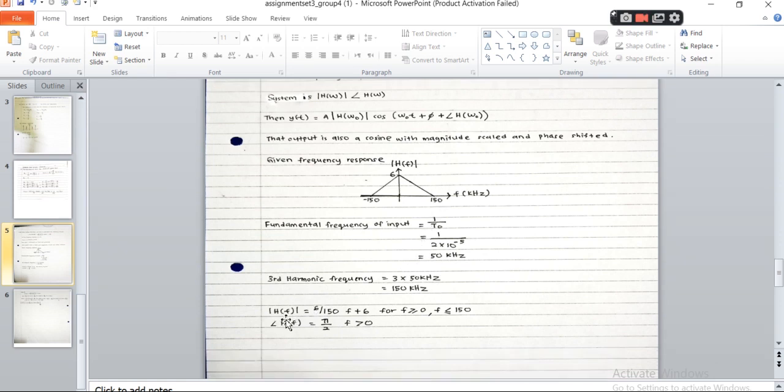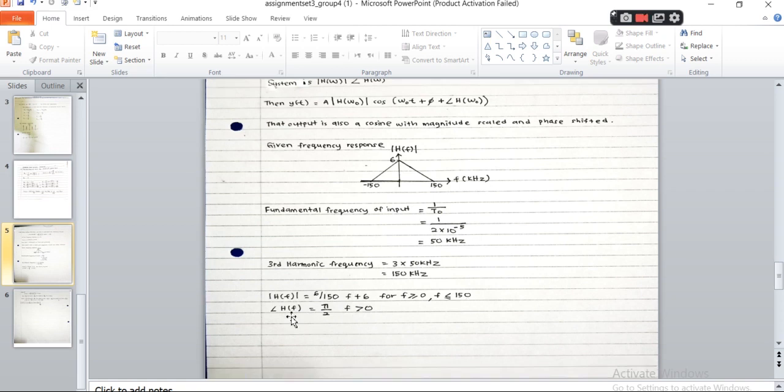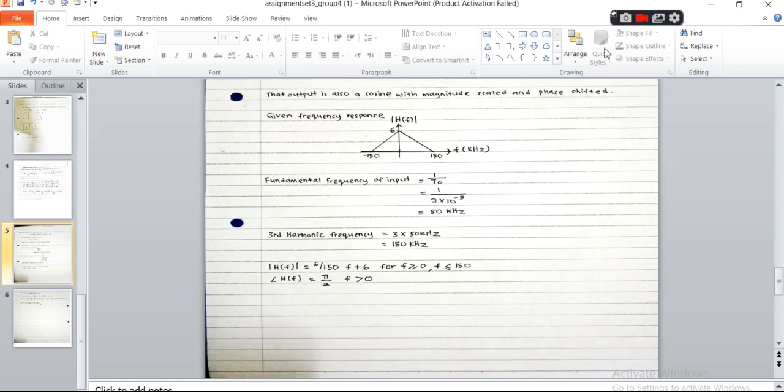The magnitude of H(f) equals 6 over 150 times f plus 6 for f lower or equal to 0 and f lower or equal to 150. The phasor of H(f) equals π over 2 for f lower than 0. Thank you so much. This is all for me.